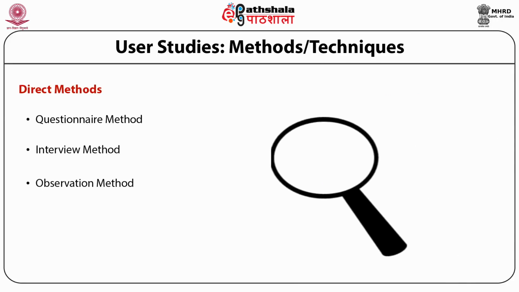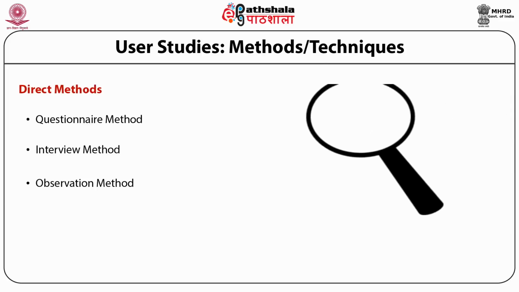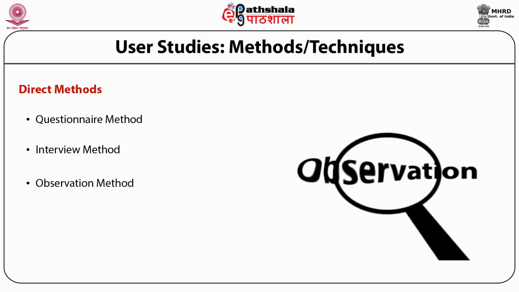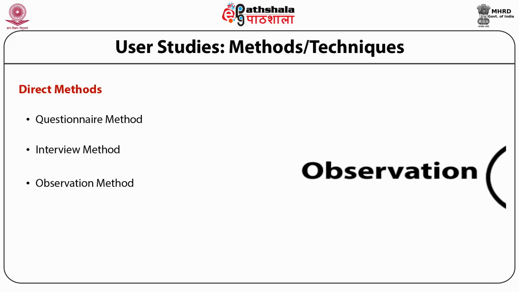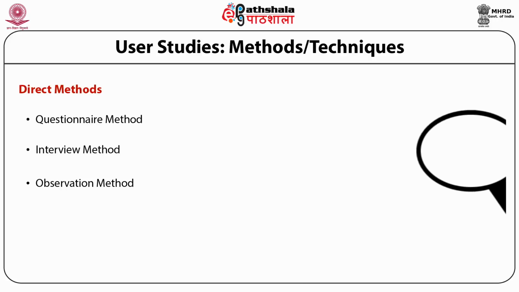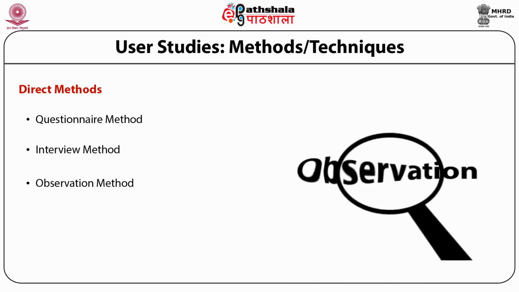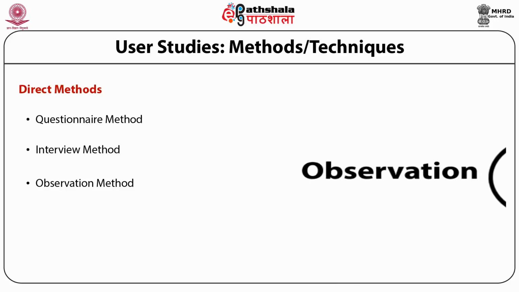Observation method is another direct method where the users, while visiting the library, could be under observation of the librarian and other library professionals, and they can observe what type of documents are being used or what type of information is being searched, being located by the users.